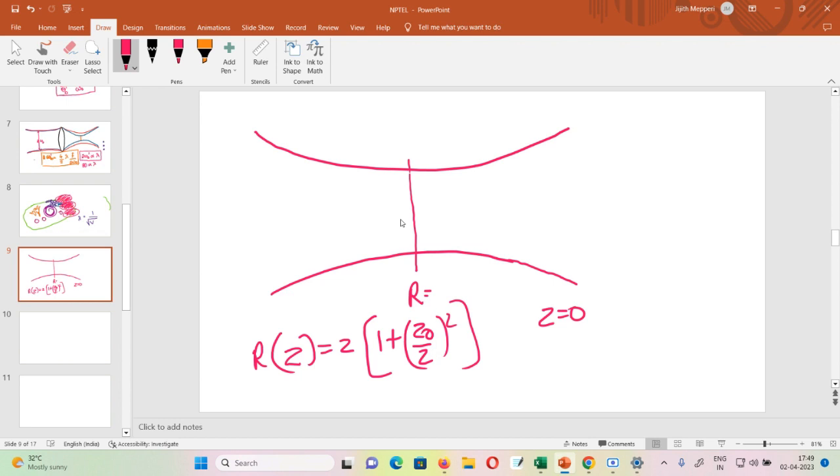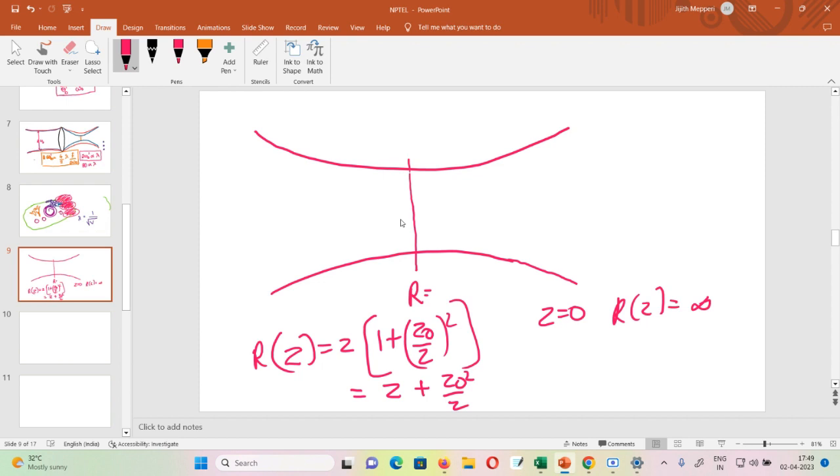If z is equal to 0, what will happen? Or you can change it as z into z plus z naught square by z. At z is equal to 0, R of z will be infinity. And at z is equal to infinity, what will happen?